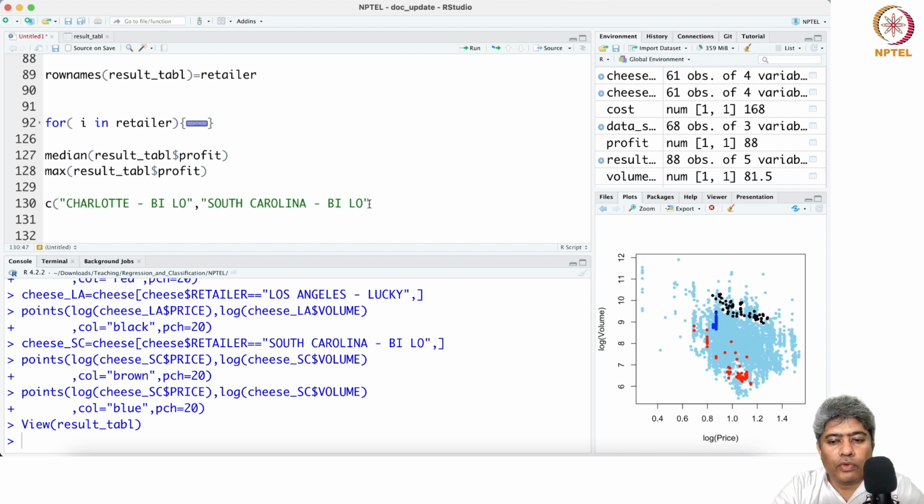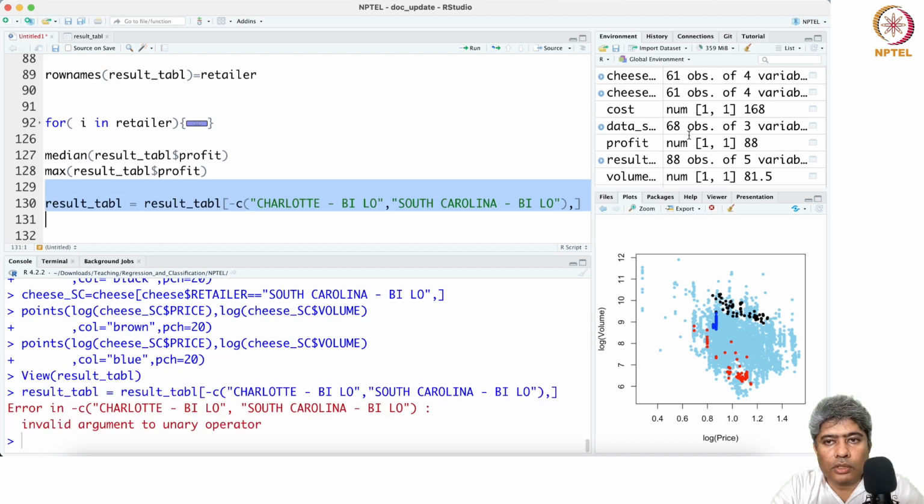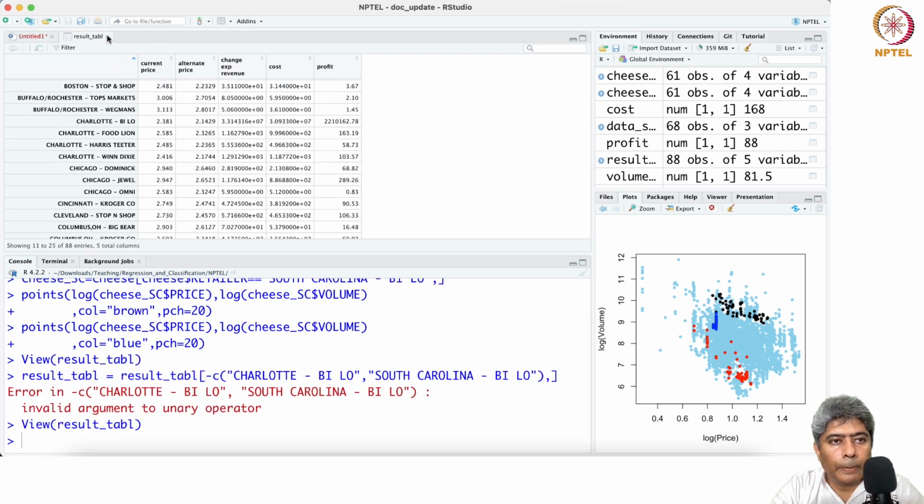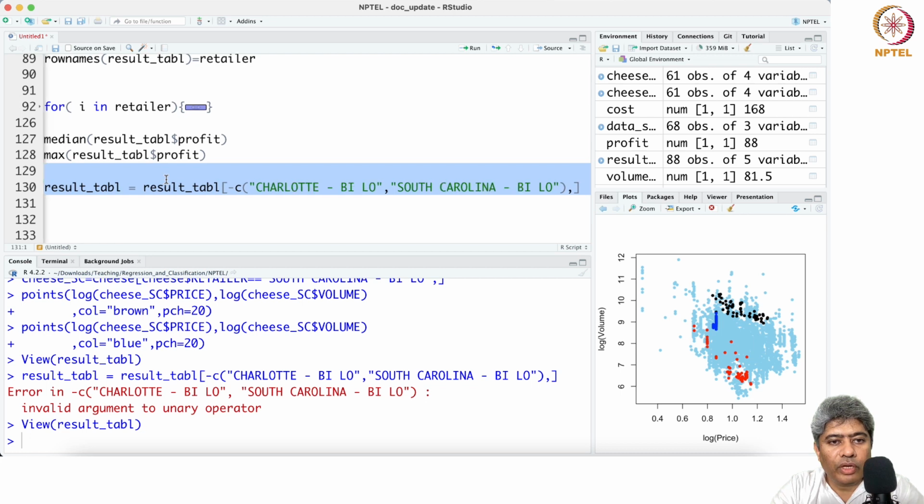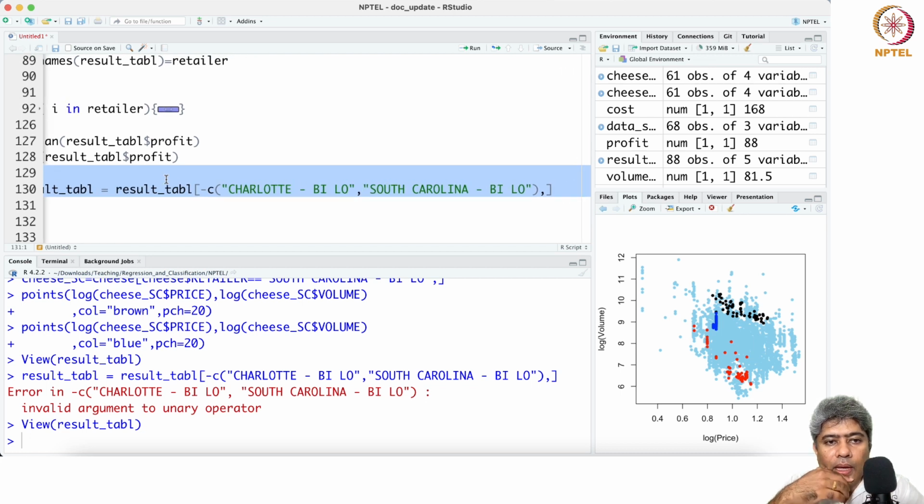So what we are going to do, we are going to take the result table minus these two, result table. Now if I just run this, I'm not sure if we can drop it in this way.